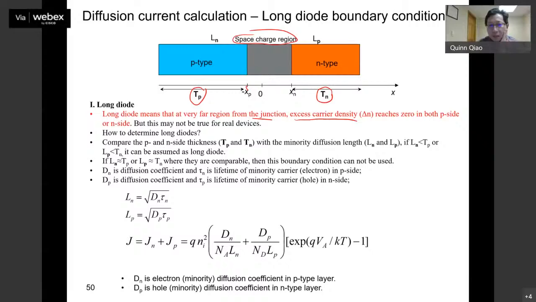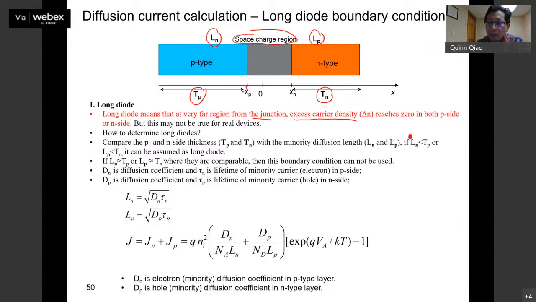Now let's see. On the p side, as we just said, because you have electrons injected to p, you have the electron diffusion length, called Ln. On the n side, because you have holes injected to the n side, those holes will diffuse. That's called the diffusion length of holes. Basically, you have the thickness of p, and then you have the electron diffusion length. You compare them.